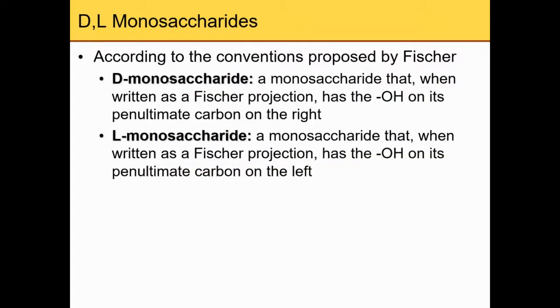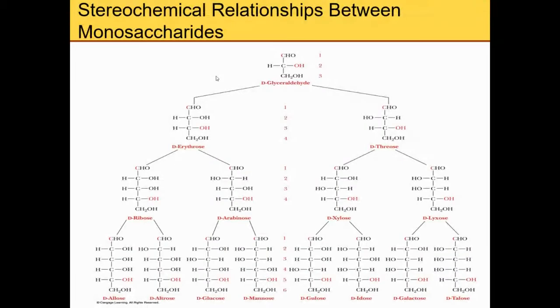For D monosaccharides, written in the Fischer projection, the hydroxyl group is on the right of the chiral center, then it's D. If it's on the left, it will be L. For example, here, the most oxidized CHO is on top, and the chiral center has the hydroxyl on the right, so it's D. Also if you go down the list, the hydroxyl groups on this one and this one are on the right.